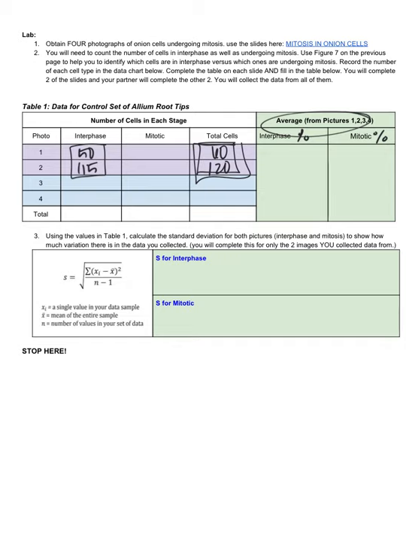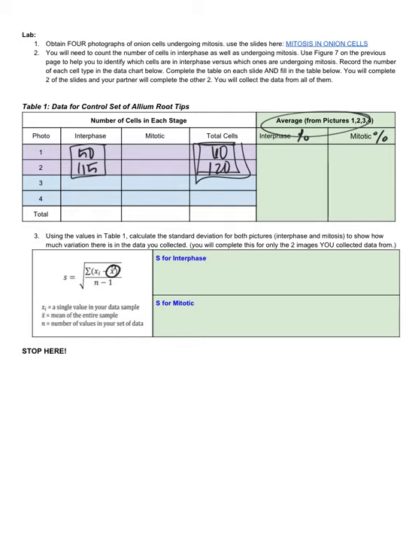You'll have a number there, and here, 115 divided by 120 times 100%. Do that for these two as well, and you should get an average of cells in interphase, which you can use for your X bar.